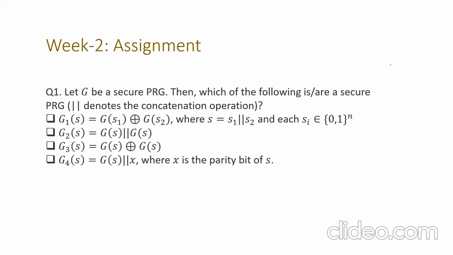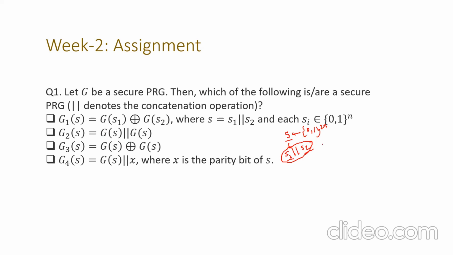Okay, so basically what happens here is that G is already a secure PRG, right? Also it's provided that if you choose the seed S uniformly at random from this space, the first half of S, which is S1, and the second half of S, that is S2, are also uniformly randomly chosen seeds, which are known only to the PRG, but secret to the adversary, right?